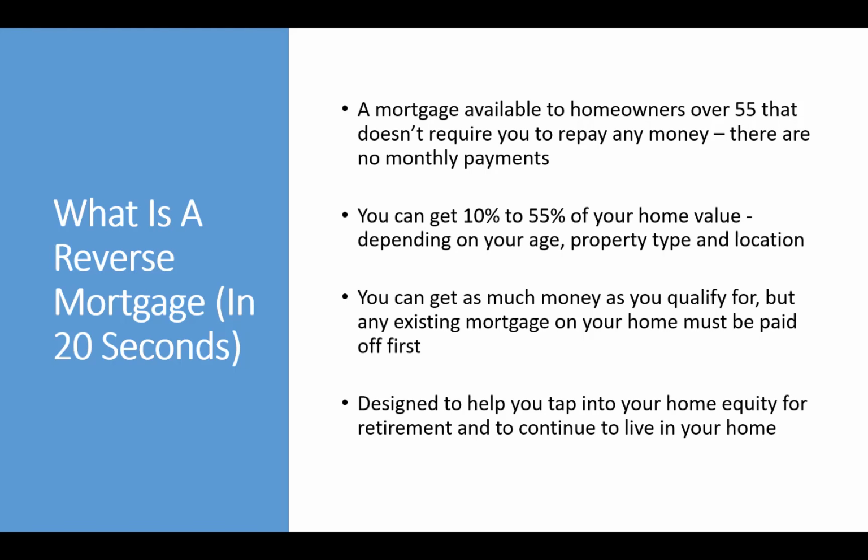You can take as much money as you qualify for, but any existing mortgage on your home must be paid off first. Again, the case study will show you a bit more how that works. It's designed to help you tap into your home equity for retirement and to help you continue to live in your home for life. That's one of the key features of the product.